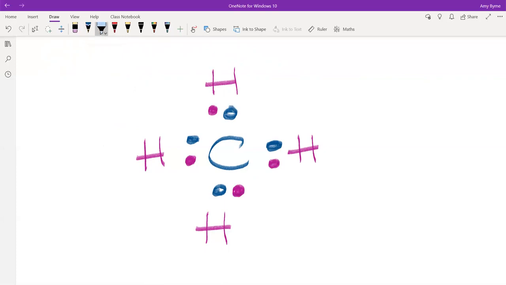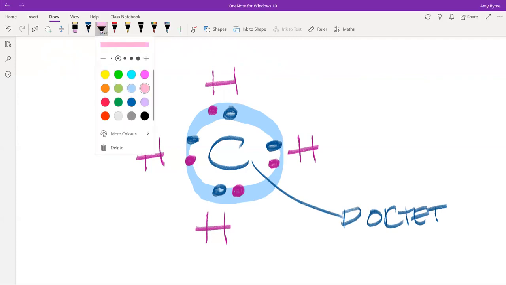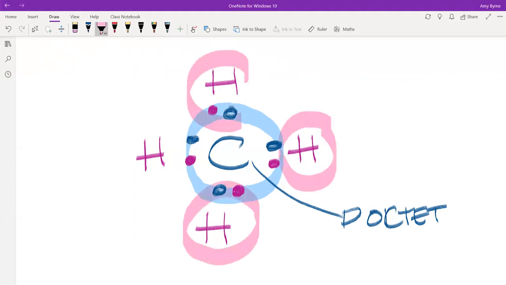My carbon now has 2, 4, 6, 8 electrons. So my carbon has that octet. But each of my hydrogens, remember hydrogen is on that next shell in, now has access to those 2 electrons.